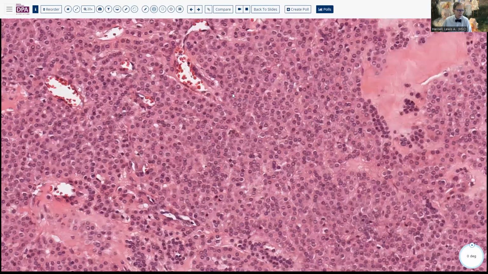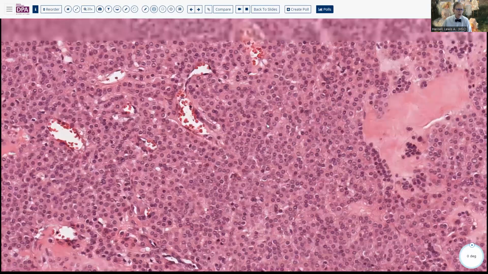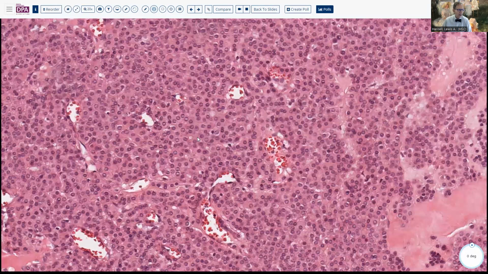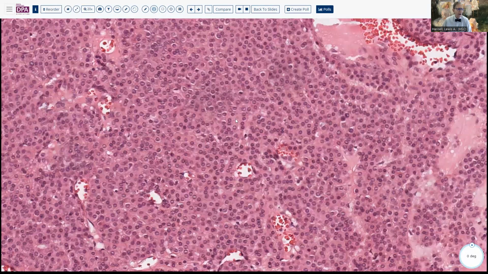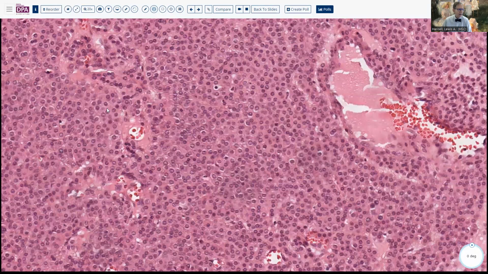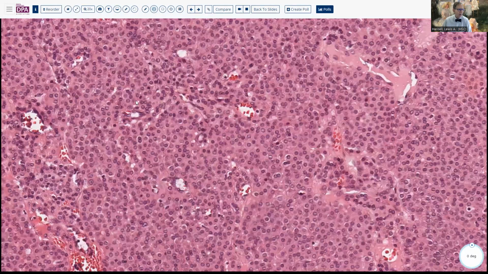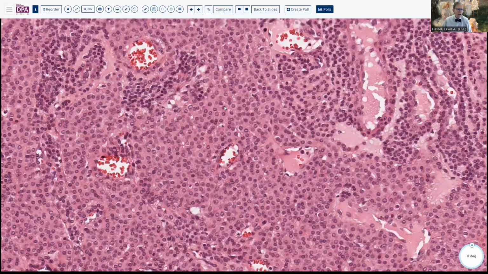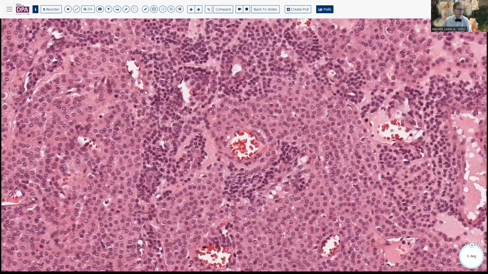Are these epithelial cells? Are they myoepithelial cells? Are they perivascular cells? Are they nevus cells? All of these things kind of come into the differential based on the morphology of this lesion.